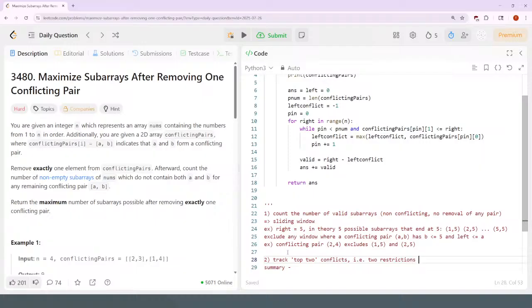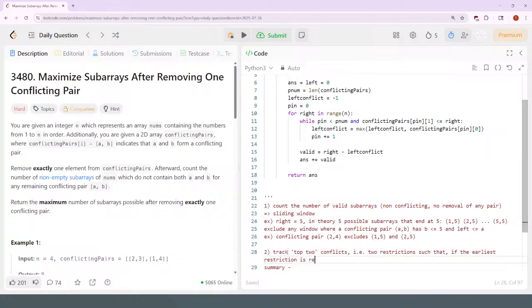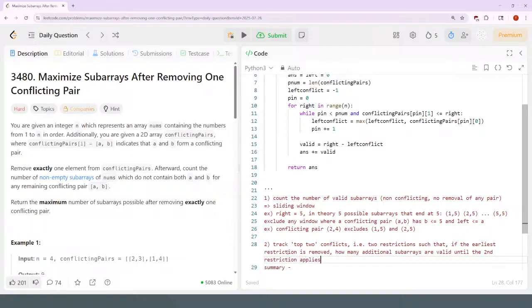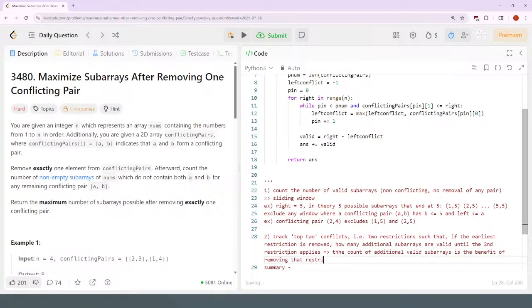2 restrictions, such that if the earliest restriction is removed, how many additional subarrays are valid until the second restriction applies, and the count of additional valid subarrays is the benefit of removing that restriction from the set of conflicting pairs.